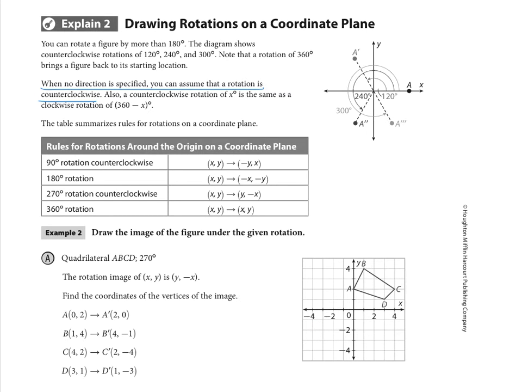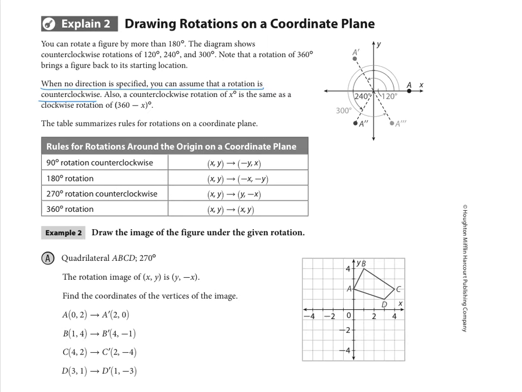So if you know that the quadrants go quadrant 1, 2, 3, 4, that is the order of a counterclockwise rotation. The other thing that's important to know is if you go a certain number of degrees counterclockwise, you can land in the same spot by rotating clockwise the rest of that circle. So let's say you rotate 90 degrees counterclockwise, that would be the same as 270 degrees rotation clockwise, okay?